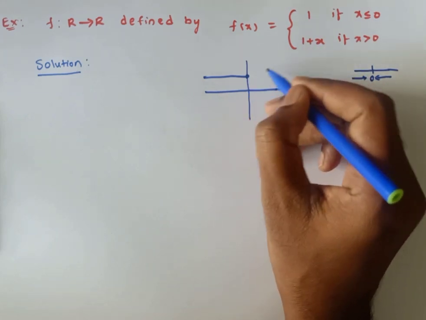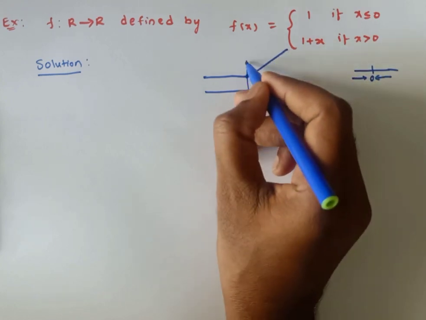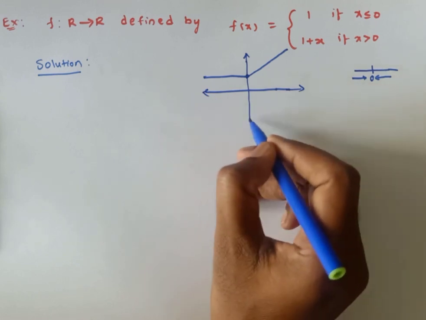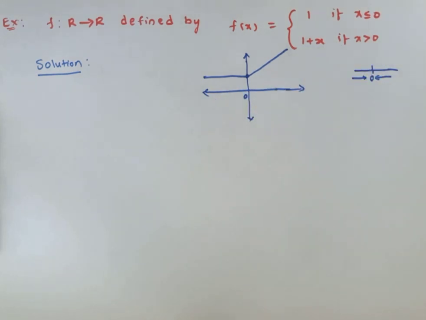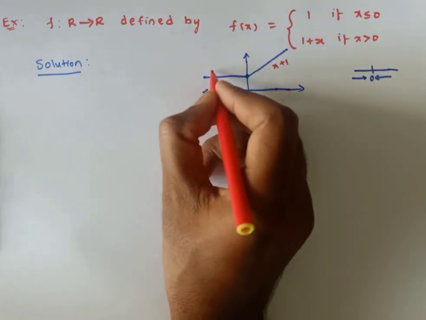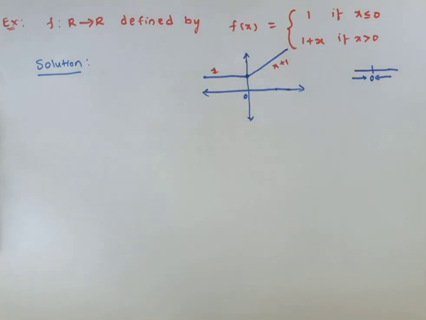When x is 0, it is 1, then that will be 2, so like this. So the graph will look like this. By using the graph also you can evaluate the limit of the function. So this is the graph of the x plus 1 function, and this is the graph of the y equals 1 function.